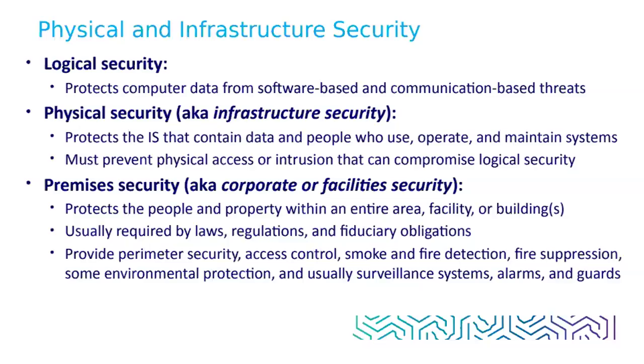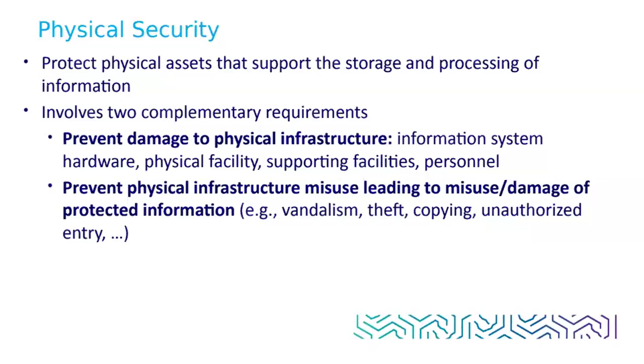The premises security extends the protection to the entire facility by safeguarding the people and property through measures such as perimeter security, access control, smoke and fire detection, suppression, environmental protection, surveillance systems, alarms, even security guards. So it helps the organizations to meet the legal, regulatory, and fiduciary obligations and all.